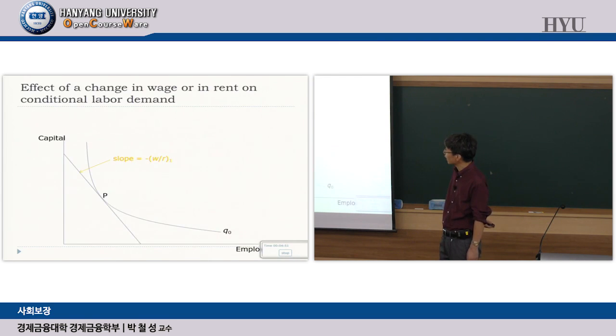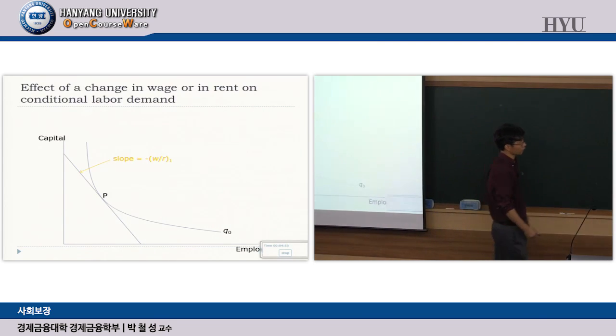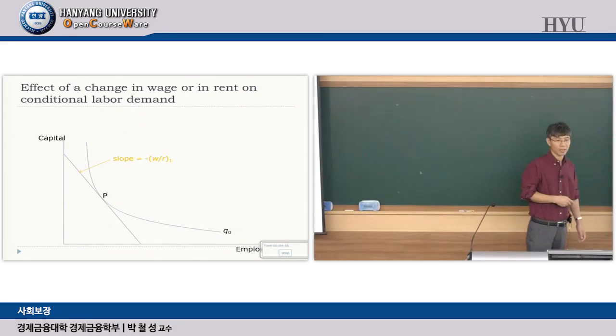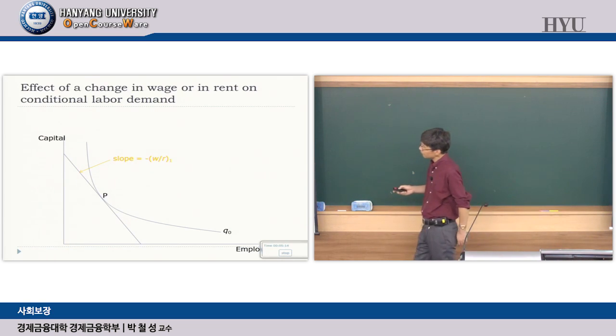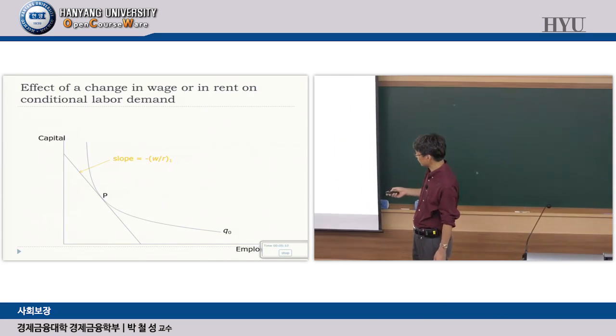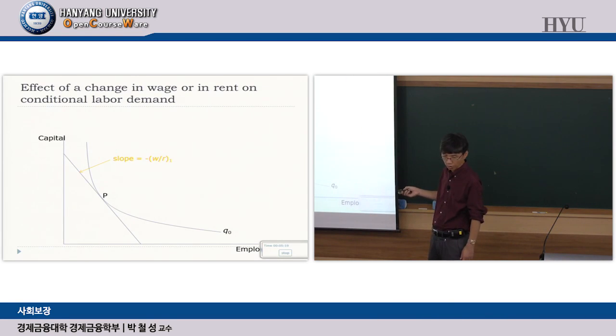Okay. Now, what we are going to do today is to think about what happens to labor demand. Since we are interested in firms' labor input or labor demand, we will see how the labor demand changes when the wage rate changes. So, for example, let's think that this is a situation before any change. Now, let's assume, for example, that wage falls.